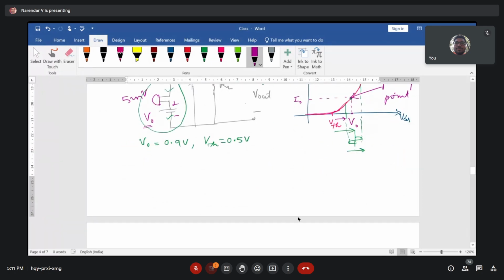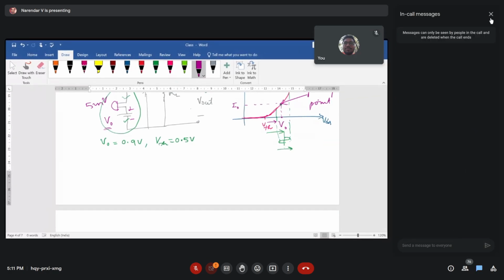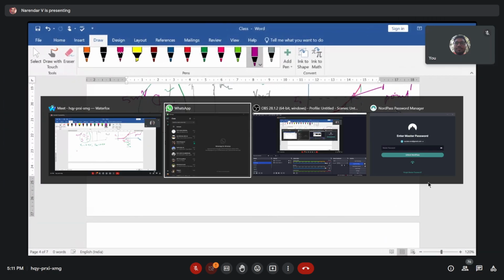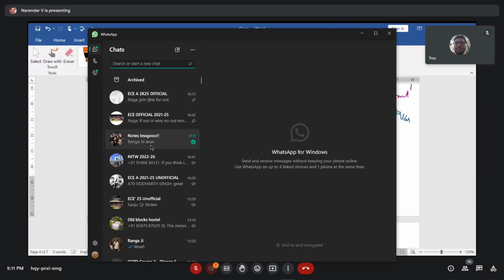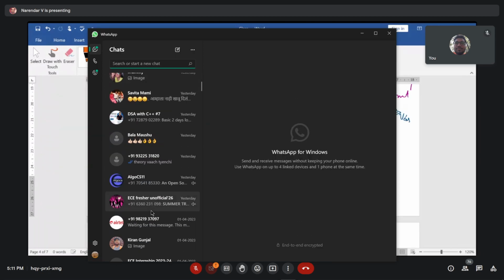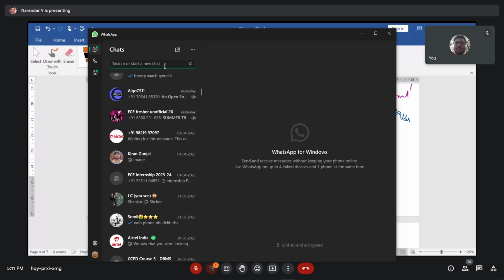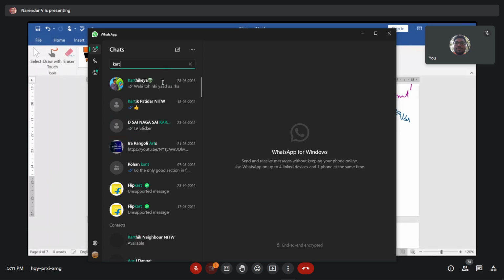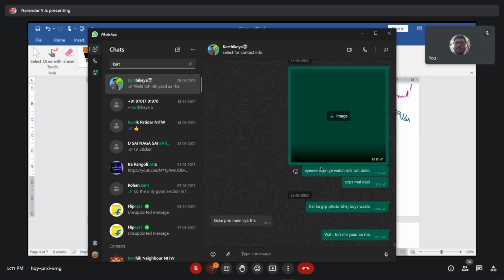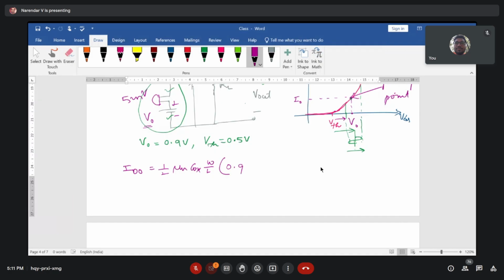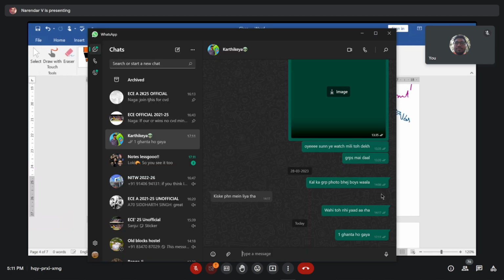Now if you calculate the current here at V naught, so when you apply the V input, which is equal to V naught value, then you have the current called ID naught, which is equivalent to half mu n COX W by L, right? And VGS is equal to V naught, 0.9 minus 0.5, whole square.